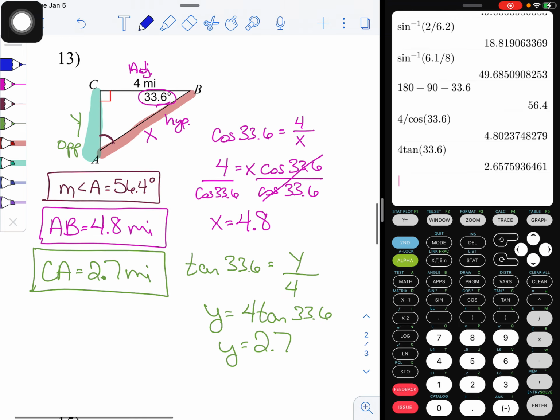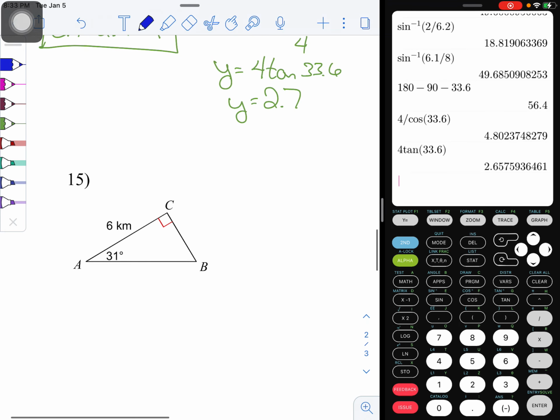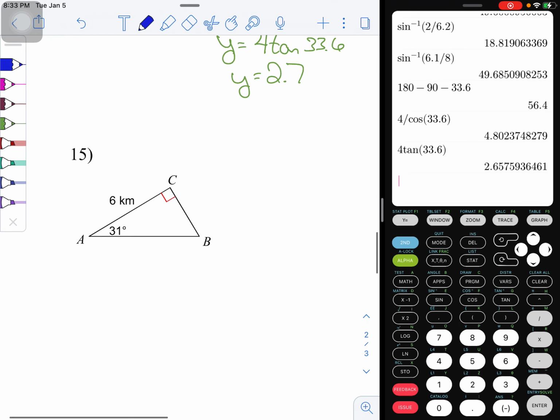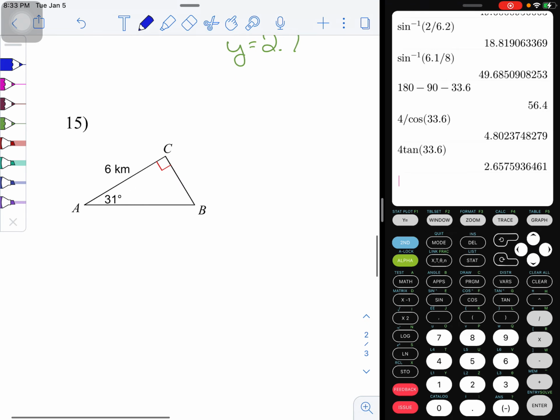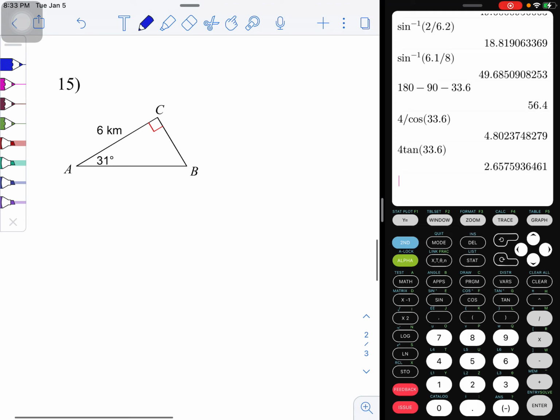So we're gonna do that one more time, and that will be the end of this video. And then you can go in and do any practice that you want with the even problems and double check it against the key. All right, so number 15 here, we basically wanna know angle B. We want to know the length of CB here, and we want to know the length of AB here.